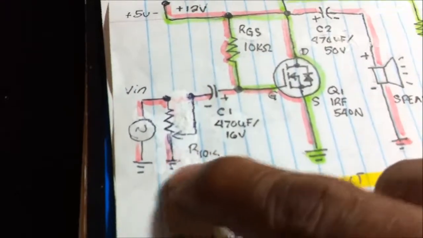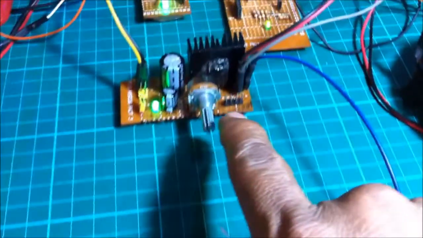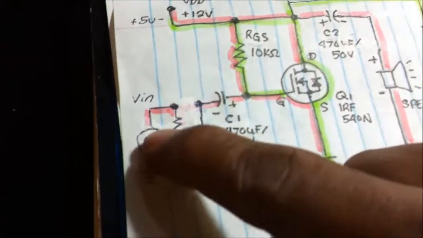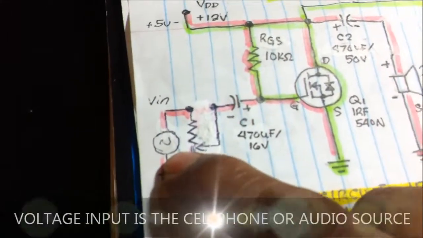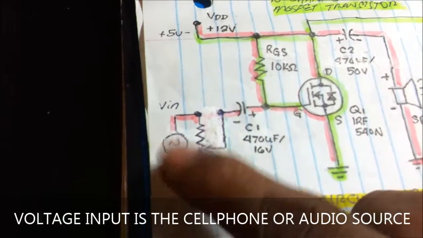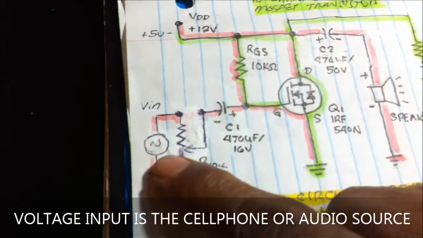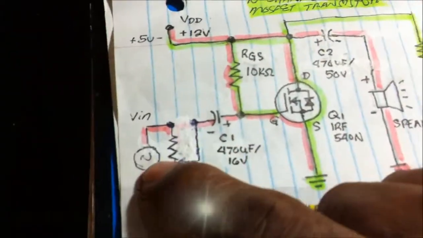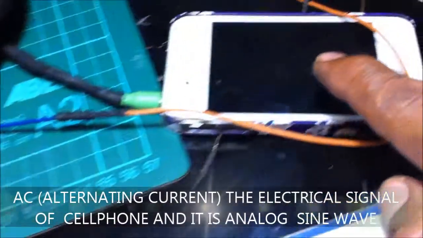And the other end, the left side, is connected to the ground. And the positive side, the right side, is connected to the audio source. Our voltage input here, shown by this alternating sign, the AC or audio source, is this, a cell phone. That's our cell phone.